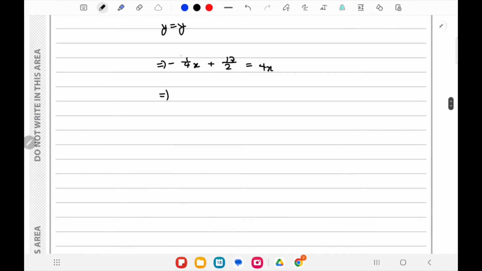Now I can move the minus 1 by 4x to the right. I'll get 17 by 2 equals 4x plus 1 by 4x. Then if you find x, it would be 17 by 2.